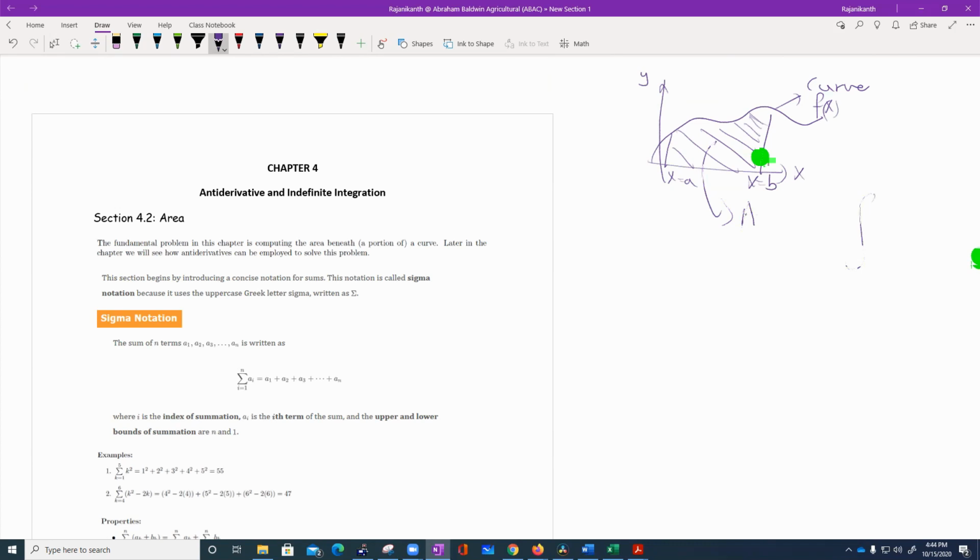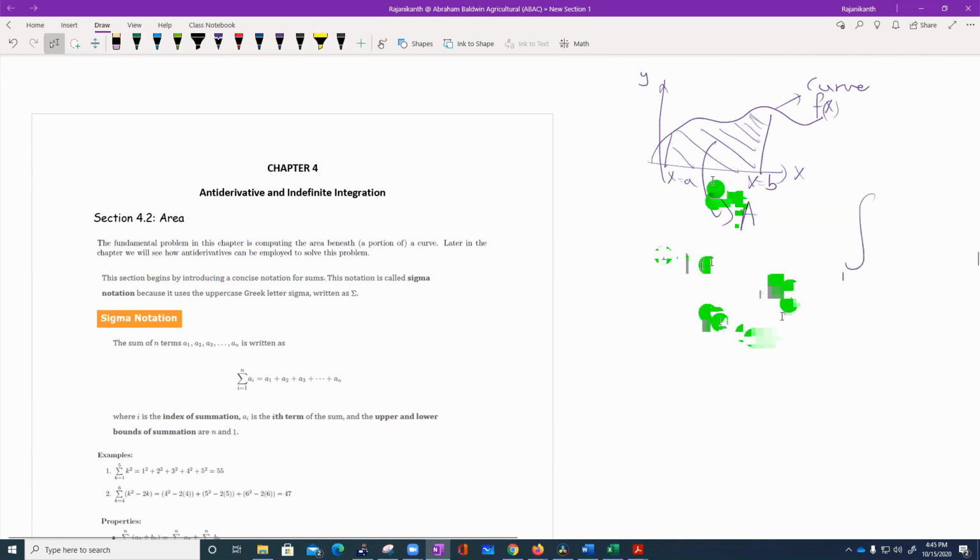So we are going to find out the relationship between area under the curve and the integral sign. To get that, we need to have a lot of tools, and those are the things you are going to learn in this section 4.2, finding area.